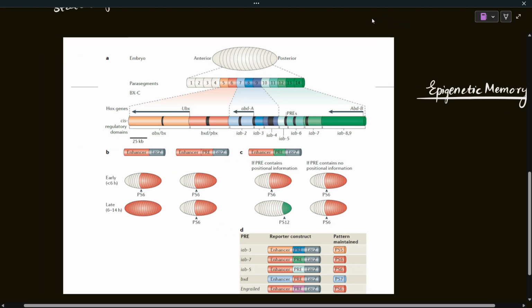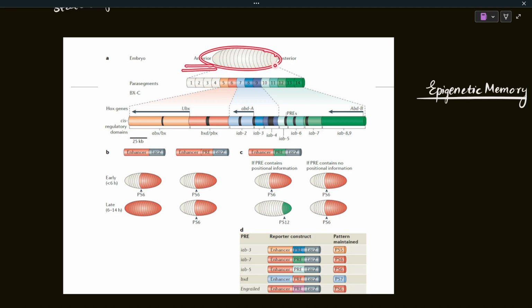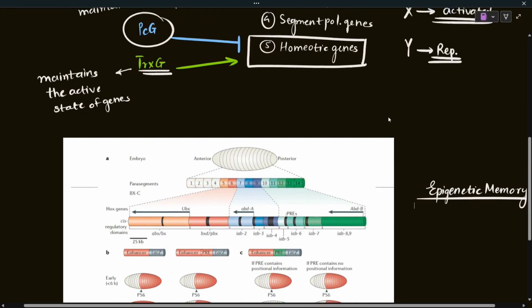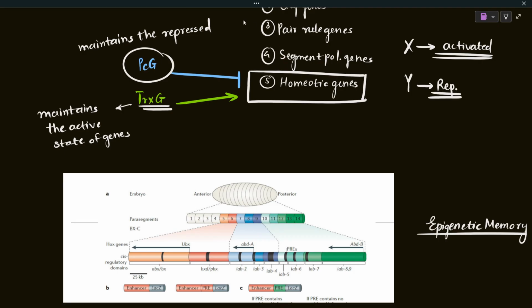This is the Drosophila embryo, and this is the anterior part and the posterior part. In the homeotic genes there are two clusters. One is known as the antennapedia cluster, and the other is known as the bithorax cluster. These are two clusters of genes which are important in the segmentation of Drosophila.